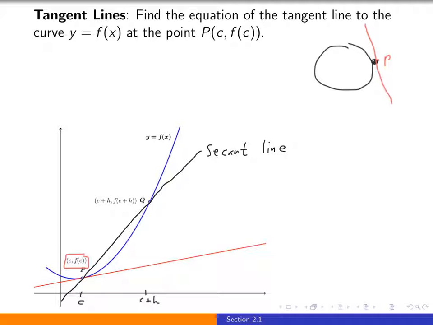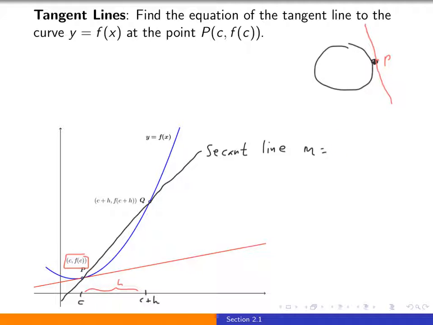The slope of the secant line, since it is a line going through the point c, f of c, and we'll go ahead and say that Q is the point that we get when we move h units over to the right. So its coordinates would be given by c plus h, f of c plus h. The slope of the secant line is going to be rise over run.